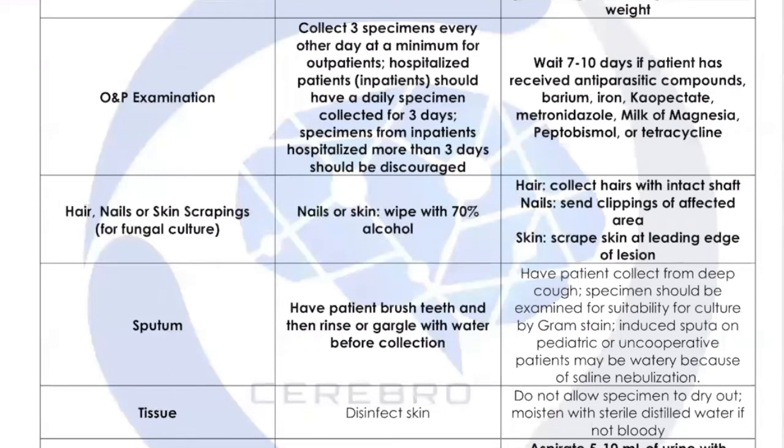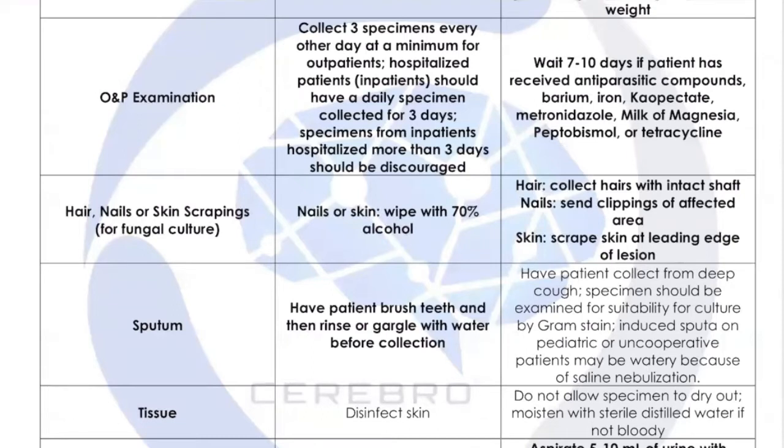Okay? Now, we know that there are certain interferences that might affect the examination for the O&P examination, and thus we need to withhold or postpone the specimen collection for certain days, especially if the patient has taken something that could interfere with the O&P examination.